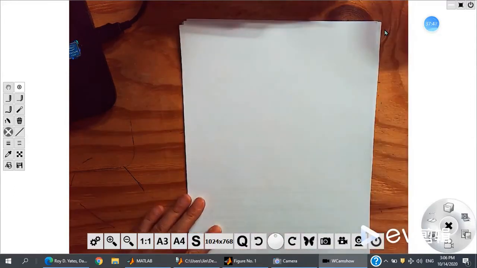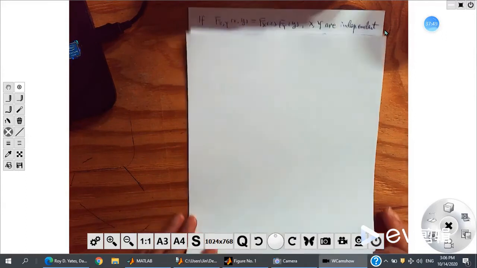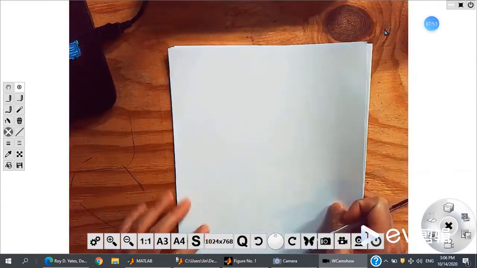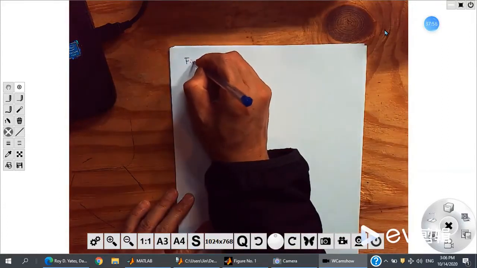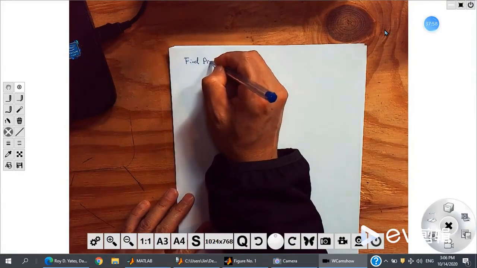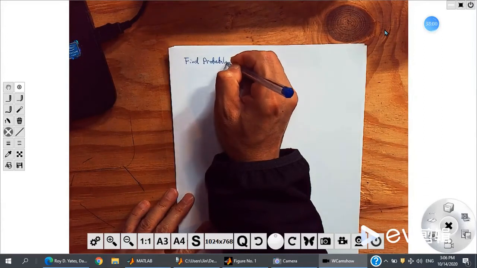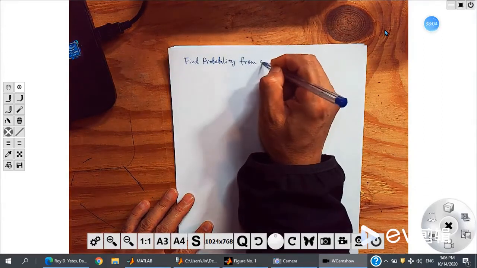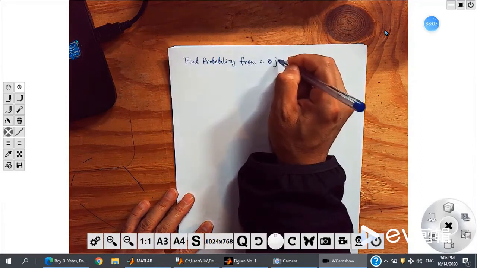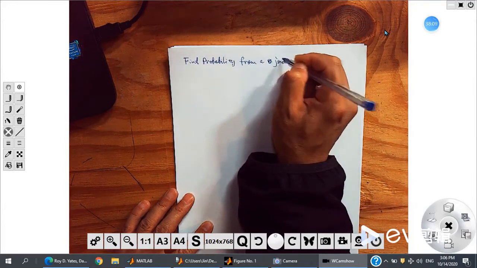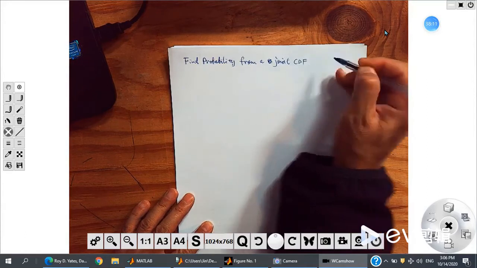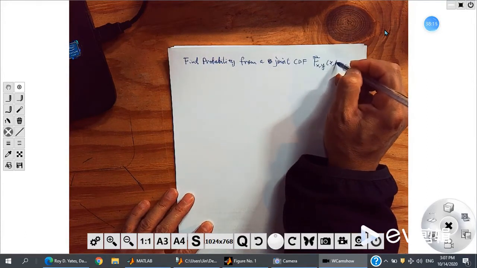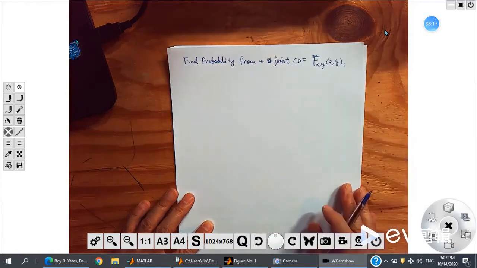Okay. Then the second thing is about the CDF. Still about the CDF. If you want to calculate the probability from the joint CDF, the capital F of X and Y, we have these.